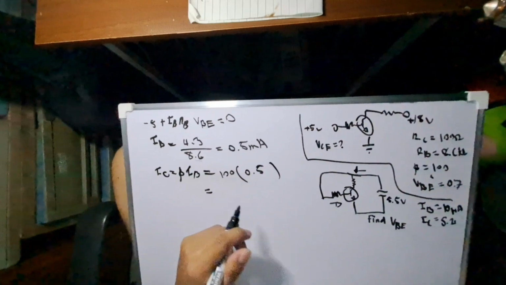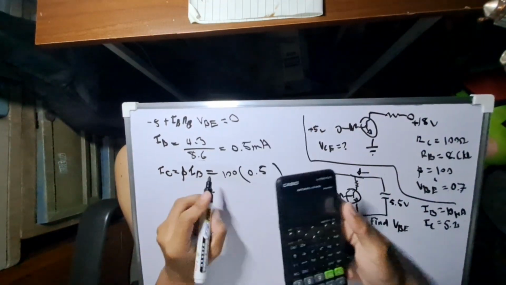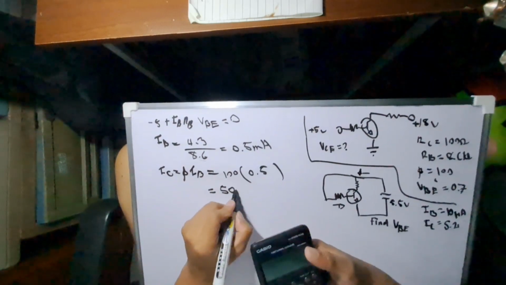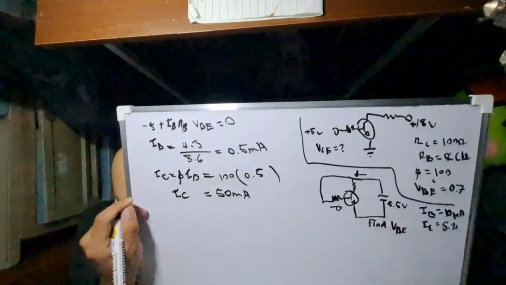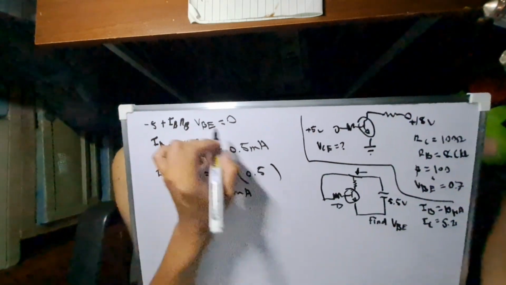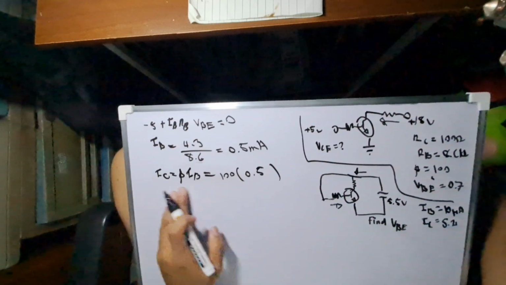Therefore, we're left with 50 milliamperes. So if may current ka dito na 50, let's use Ohm's law.